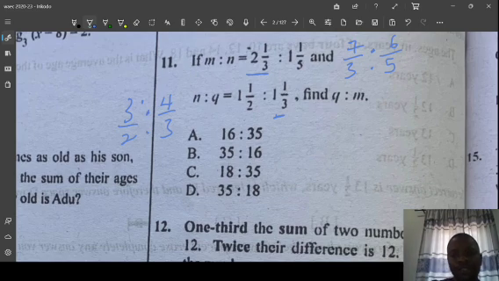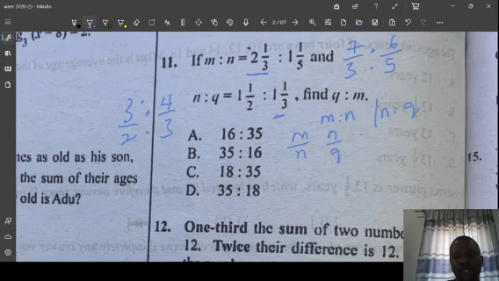Now, if I have m ratio n and I also have n ratio q, and I'm told to find q ratio m, we know that m ratio n is the same thing as m over n, and I also have n over q from the question.